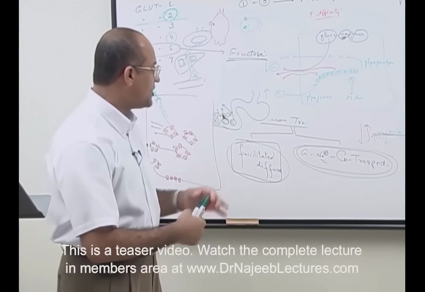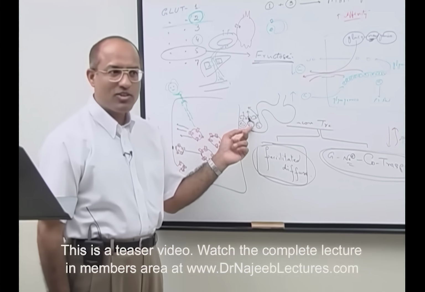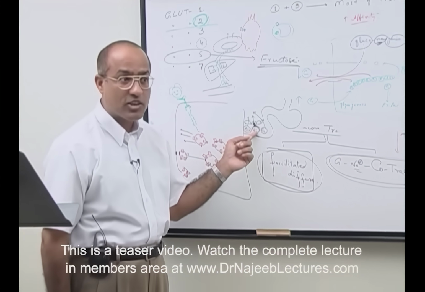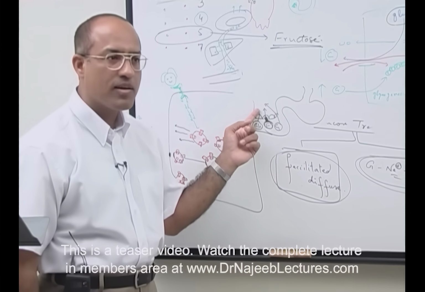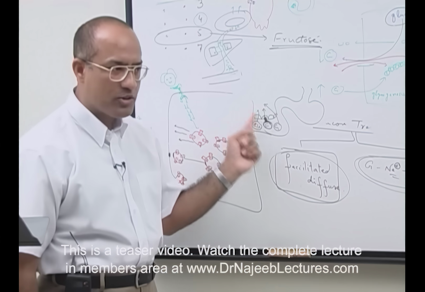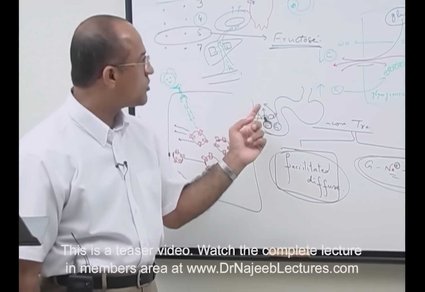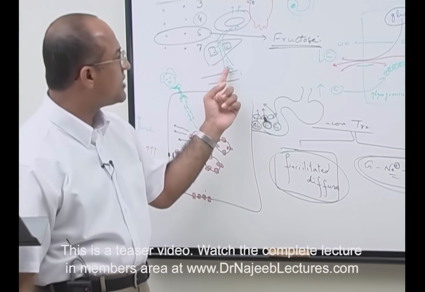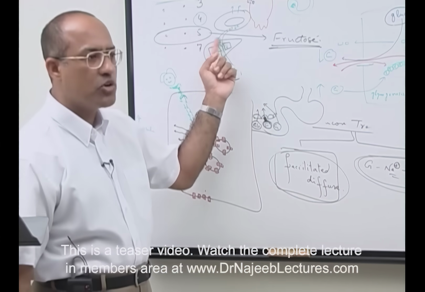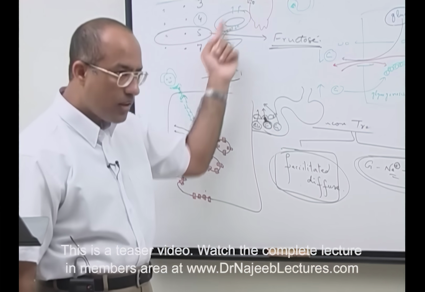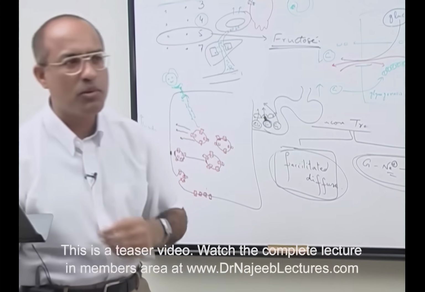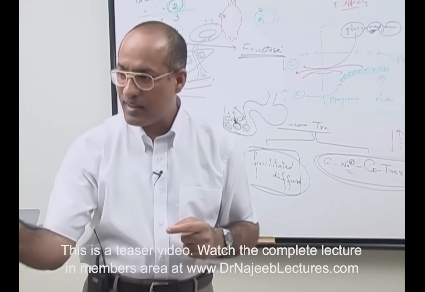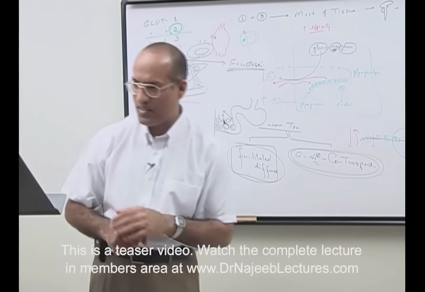Number one, GIT has fructose after digestion of many polysaccharides, so it has to transfer that fructose to the blood. So it needs type 5 glucose transporters. Once from the GIT, fructose goes to liver, most of it is converted into glucose. But a little fructose still comes into blood, and that fructose will be utilized by your testes only.